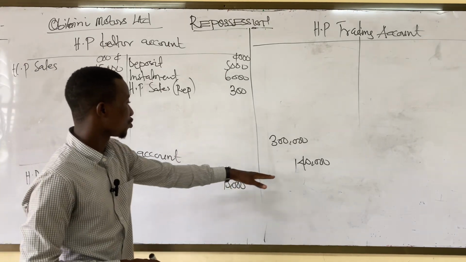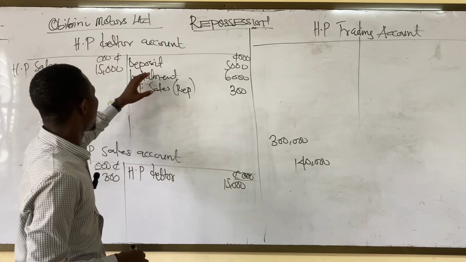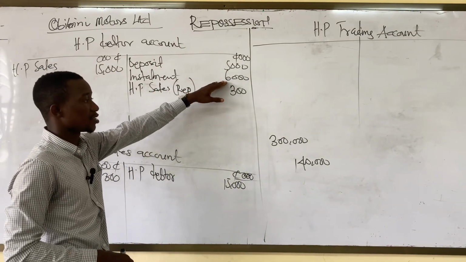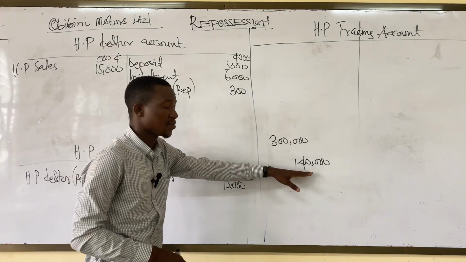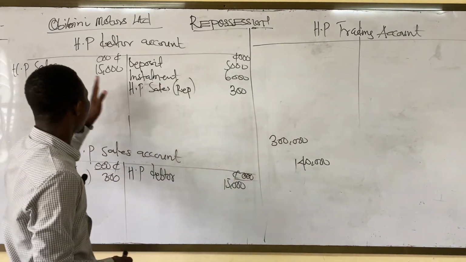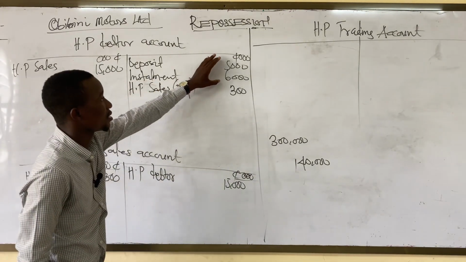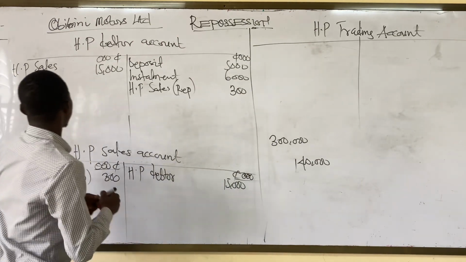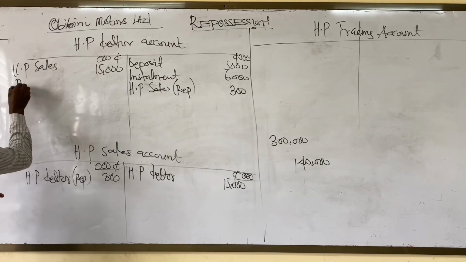So what we do to this is that initially we've credited the deposit and the installment, and this has been repossessed. So we record at the opposite side to reduce this deposit and installment. Okay, so this is because of repossession.